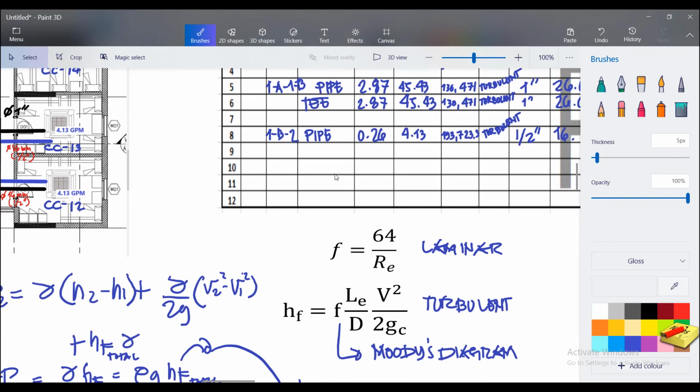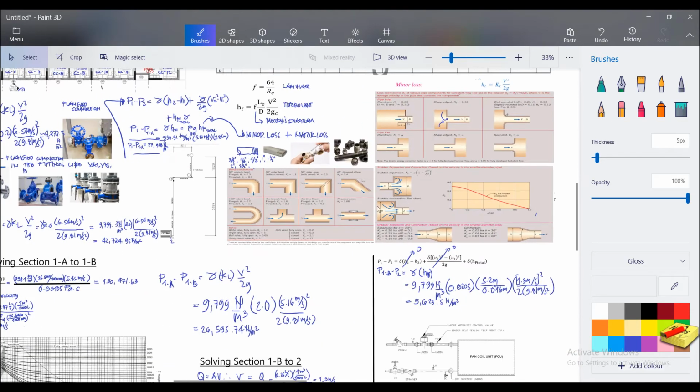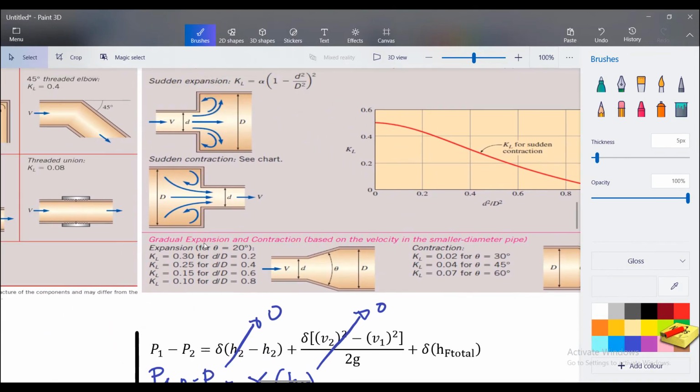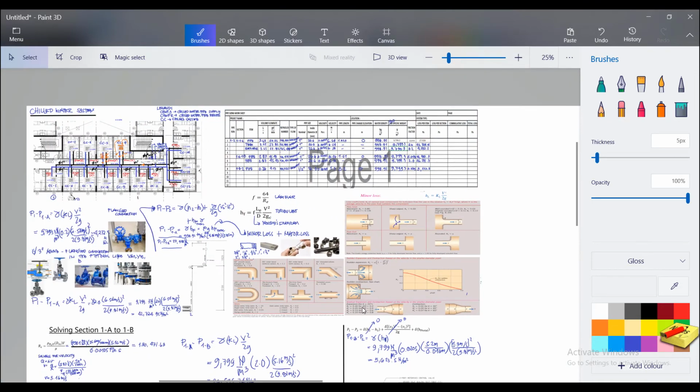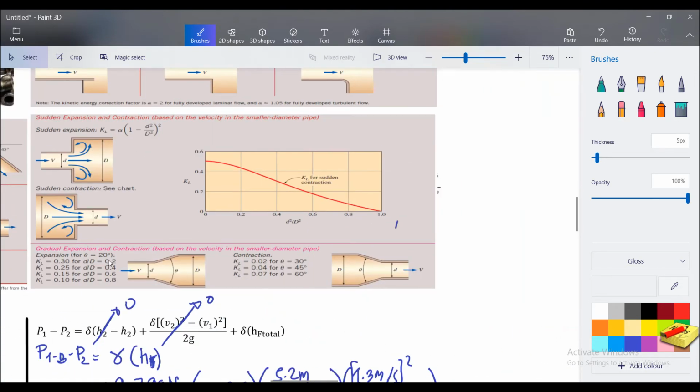So for the reduction, it is like this. So we have your gradual expansion, so we have your KL, then gradual, so we have gradual contraction.